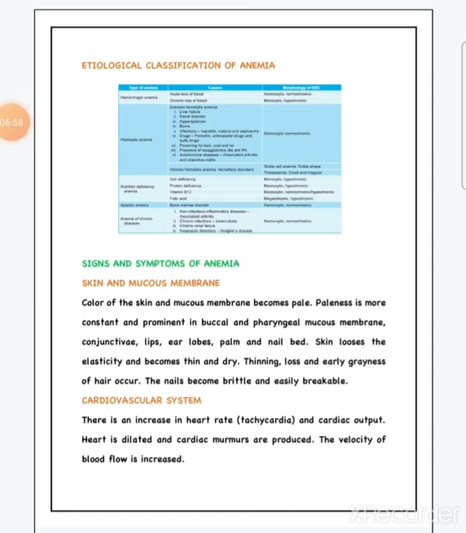Signs and symptoms of anemia: skin and mucous membrane. The color of the skin and mucous membrane becomes pale. Pale means lighter color.